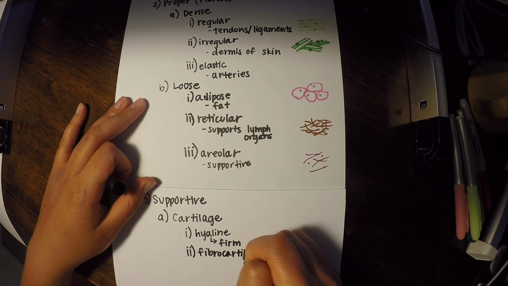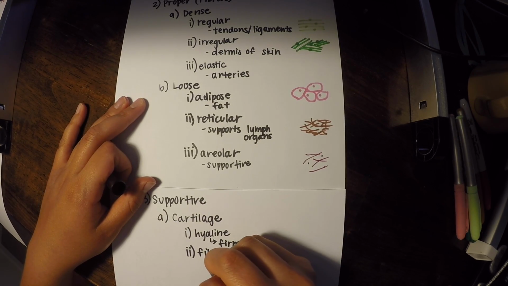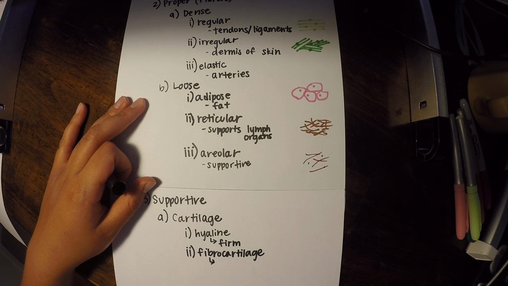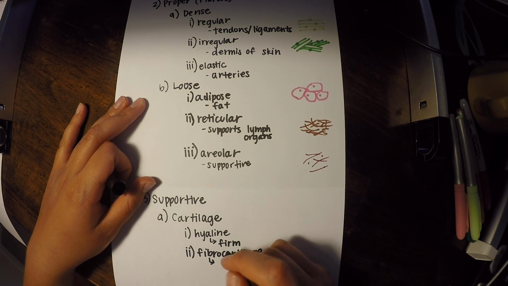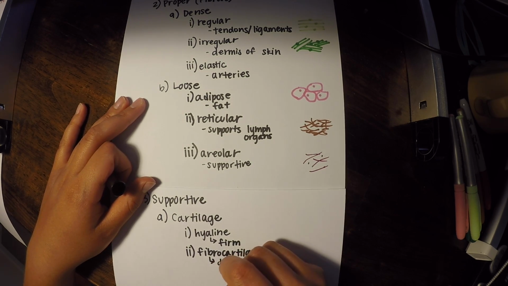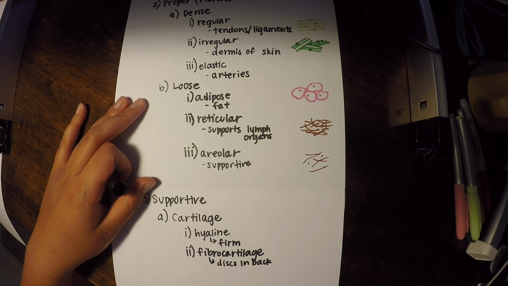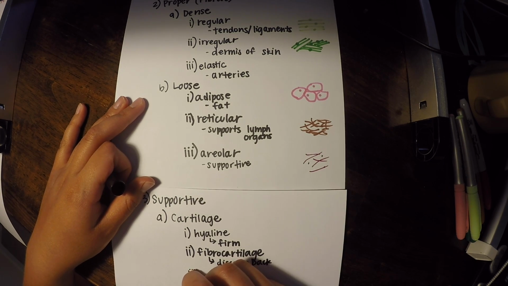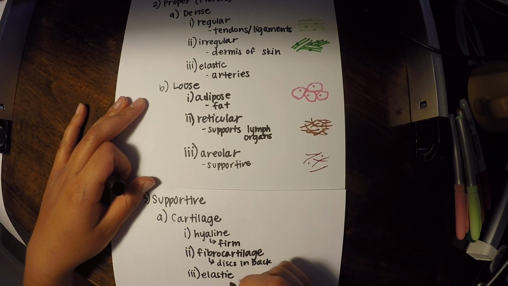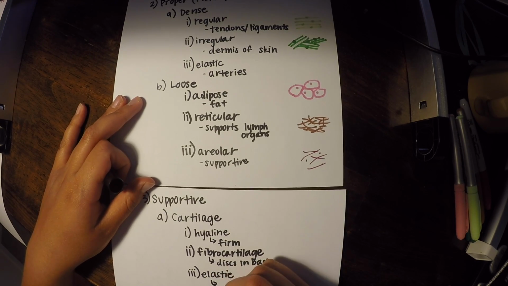Fibrocartilage, which is actually the discs in the back, which are little discs of fluid and tissue that are in between each one of your bones in your spine. So I'm just going to write discs in your back, and we'll learn more about that later. And then the last type is elastic. An example of that is in your ear.